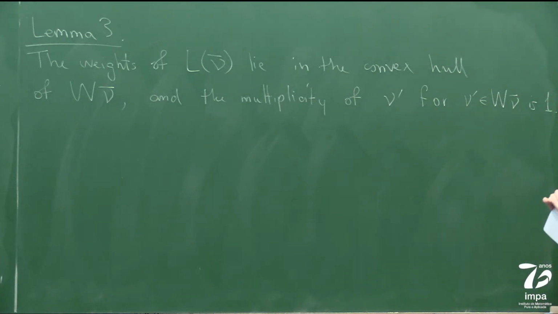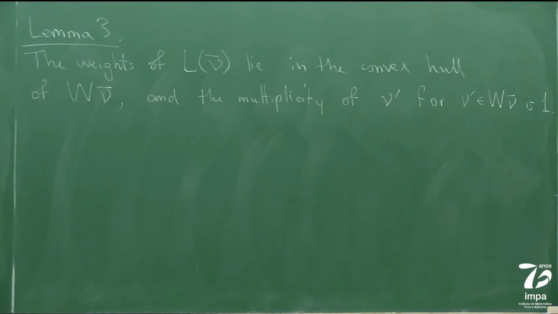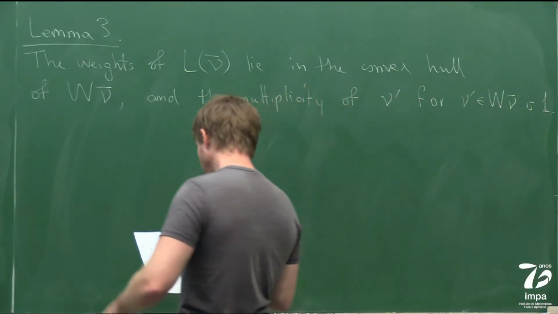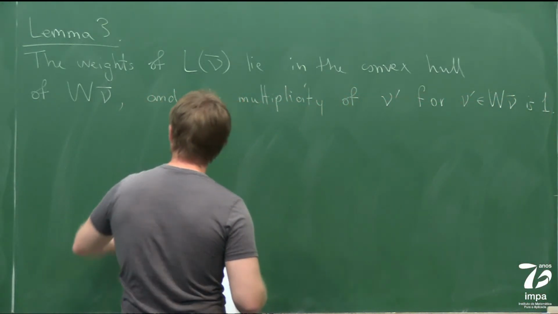And the extreme points in this convex hull, which are the images of nu bar itself, have multiplicity 1.